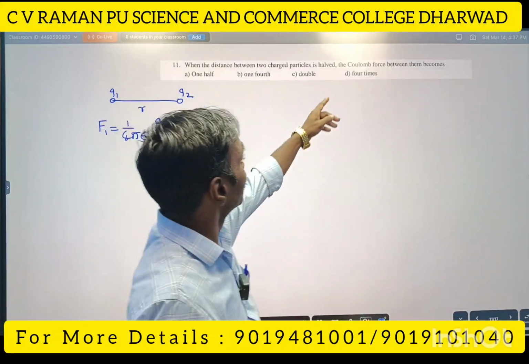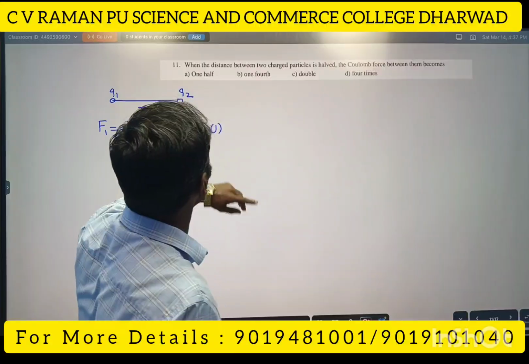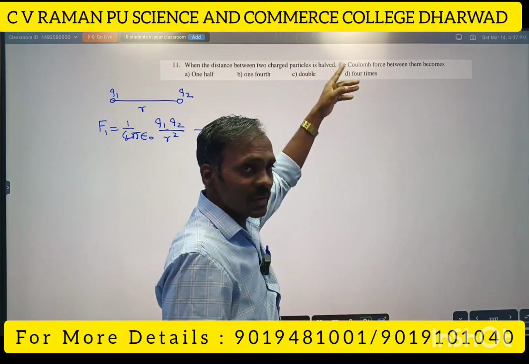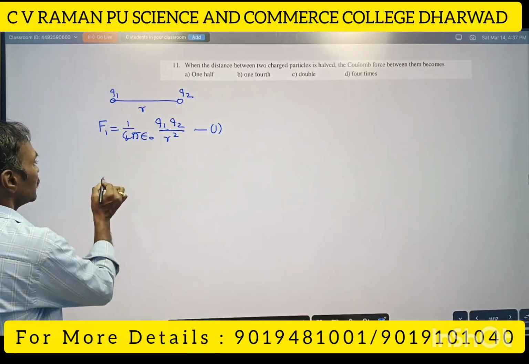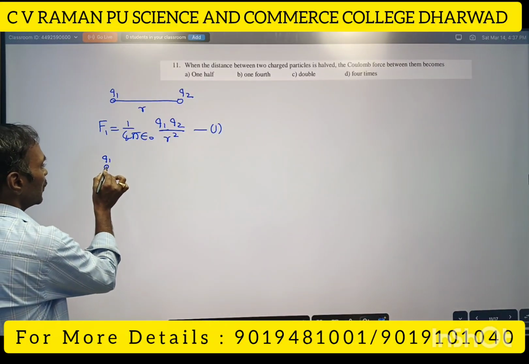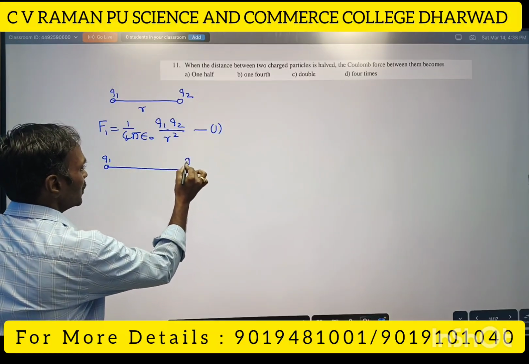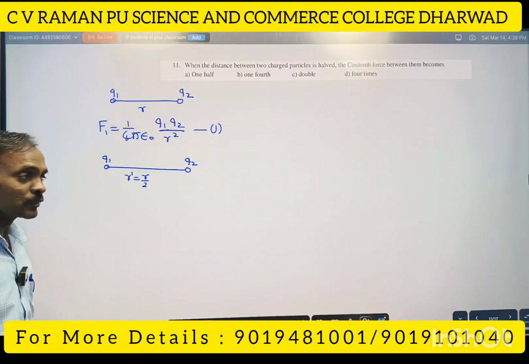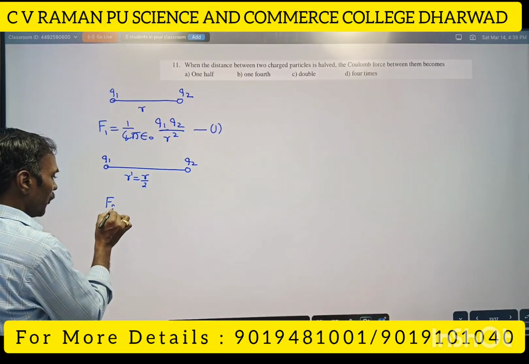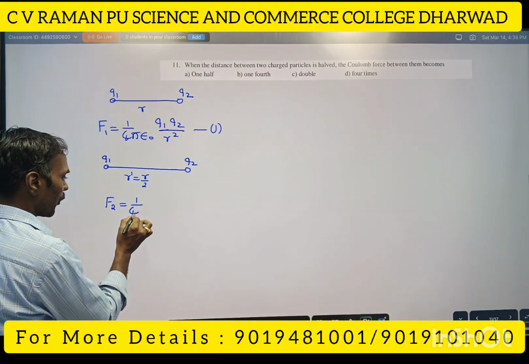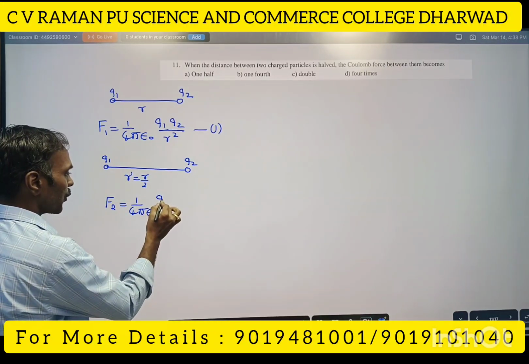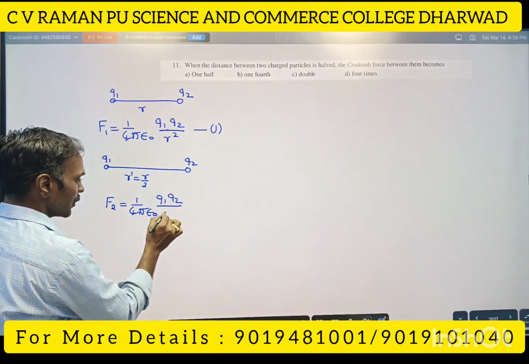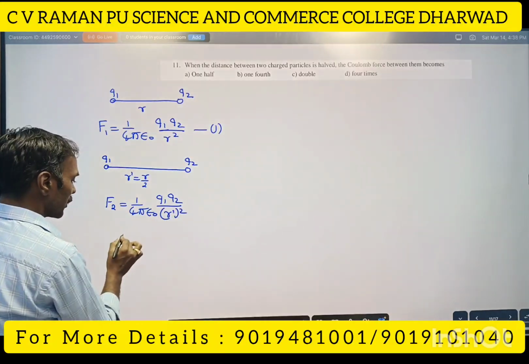In the next case, the coulomb force between them when the distance between the charged particles is halved. Now here this is a charge Q1, charge Q2. The new distance will be half the initial value. Now the new force F2 is equal to 1 upon 4 pi epsilon naught, product of charges Q1 into Q2 divided by the distance r dash square.